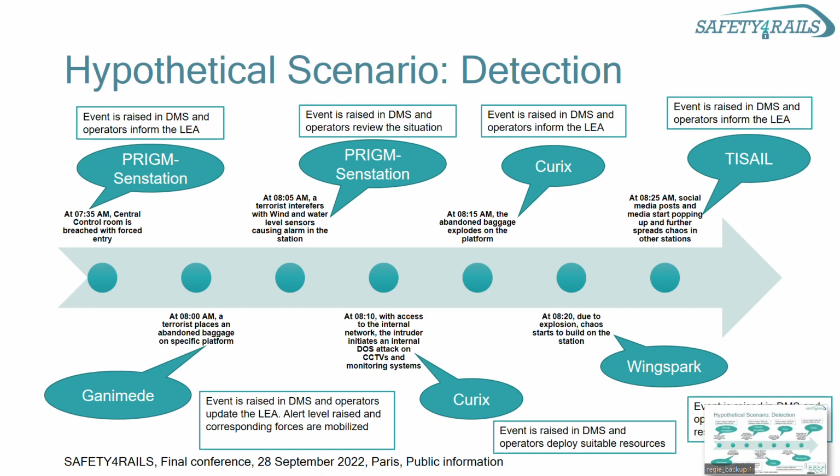The event is raised from that tool, and in principle the operators can inform law enforcement agencies at any time. You will see that diagram appearing probably on the left soon, and the sequence is always that I tell you what happens, then we switch to the tool.